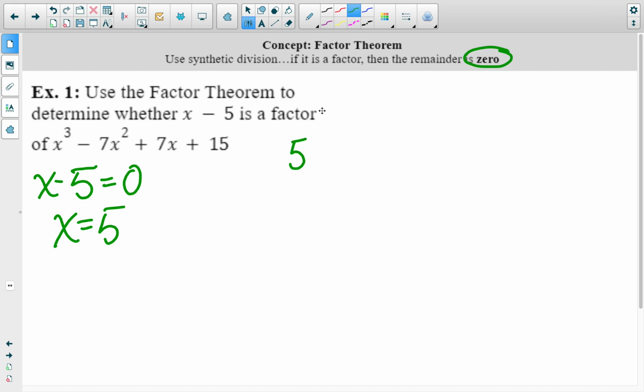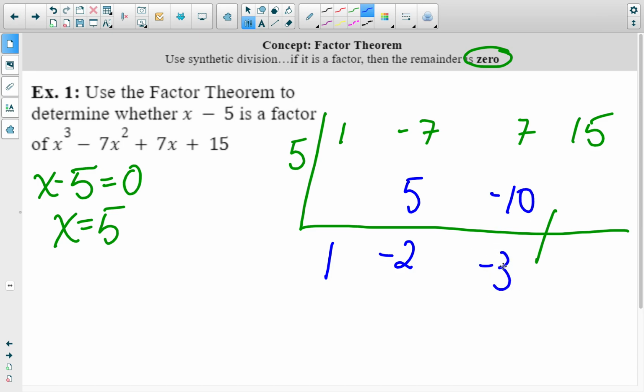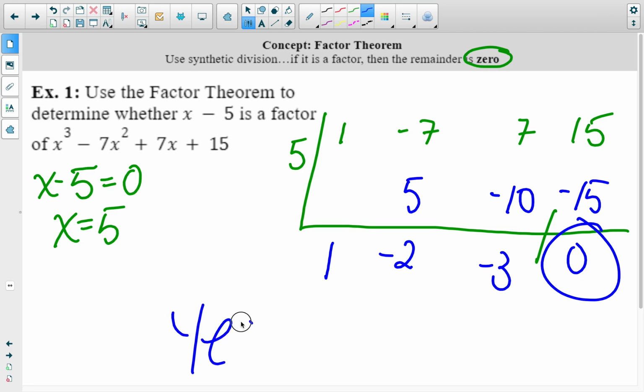So we want to set up our synthetic division with a 5 outside, a positive 5. Okay, and then 1, -7, 7, 15, and then same old, right? Bring down, multiply outside, add inside. And look at that, we get 0 for our remainder, so we would say, yes, this is a factor.